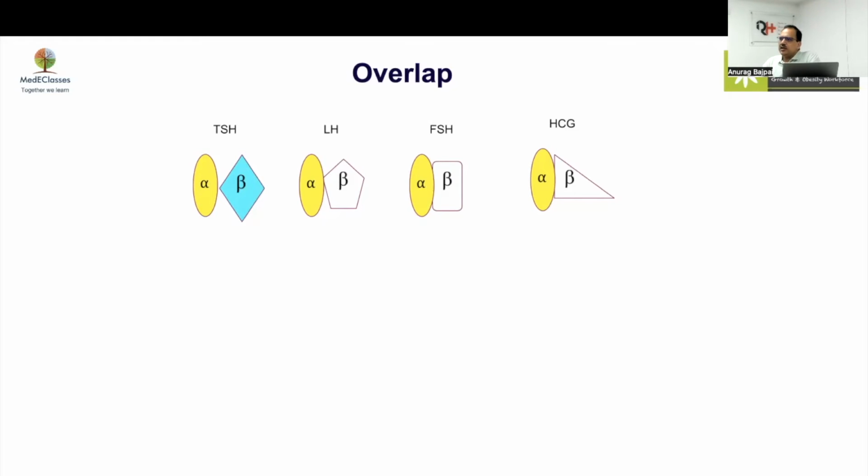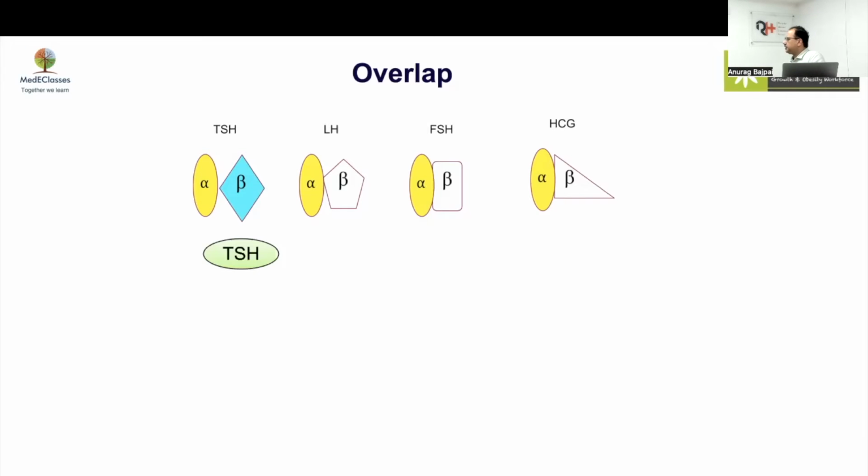And second is the pulsatility of GnRH. If your pulsatility is more, it favors an LH predominant response. If pulsatility is less, it will favor the FSH response. So with a single central regulating factor, you have a differentiating response. The two reasons are that the half-life is different, and that your pulsatility determines whether you have an LH or an FSH predominant response.